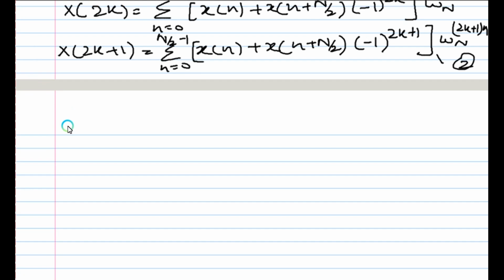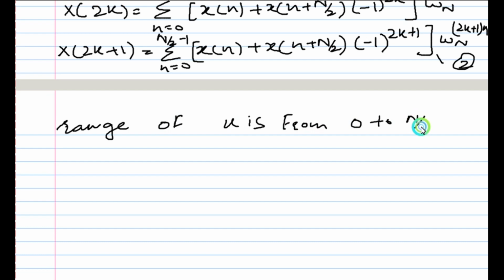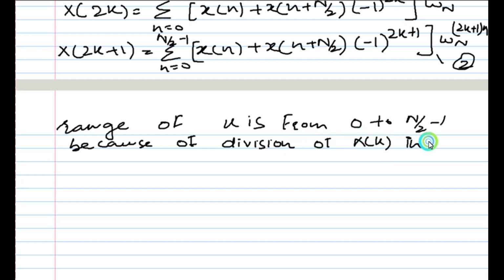So the range of k is from 0 to N by 2 minus 1 because of the division of x of k into equal length sequences.